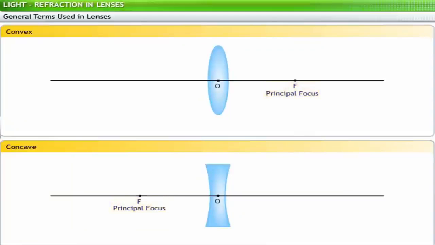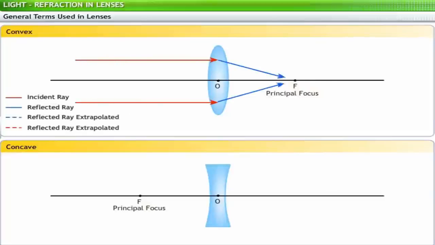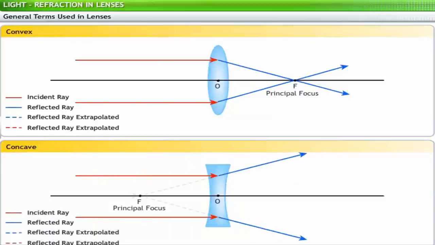Principal focus is a point on the axis of a lens. This is the point where a beam of light parallel to the principal axis, after getting refracted, meets in a convex lens or appears to meet when produced backwards in a concave lens. Principal foci occur on both sides of lenses. Principal focus is also known as the focal point. In the figure here, F1 and F2 are the 2 principal foci.